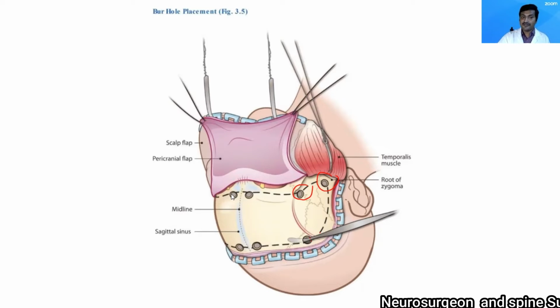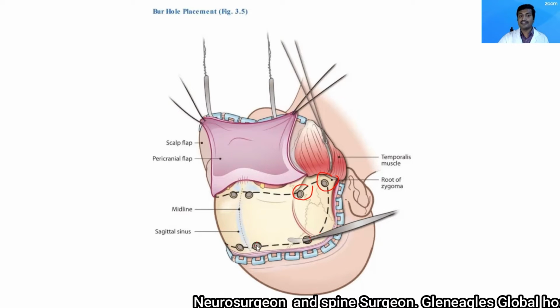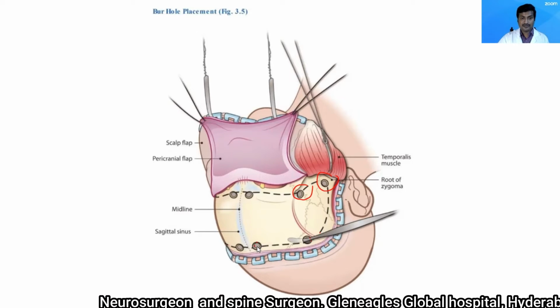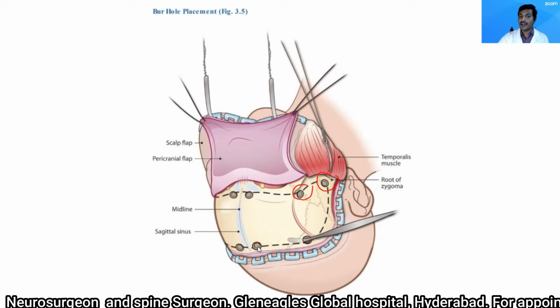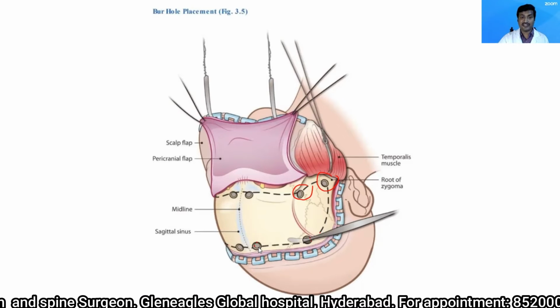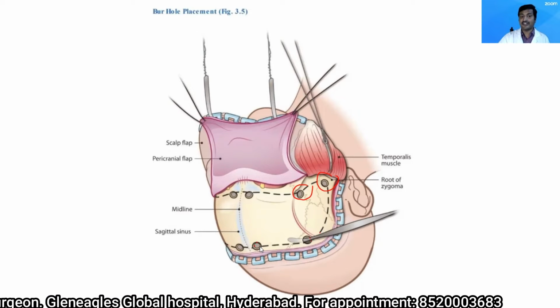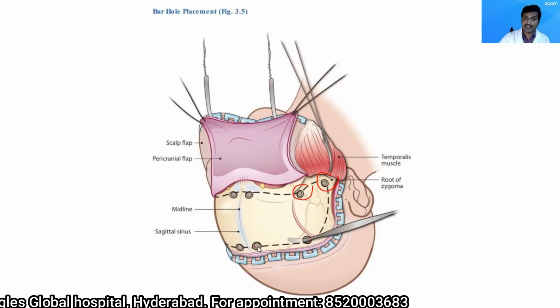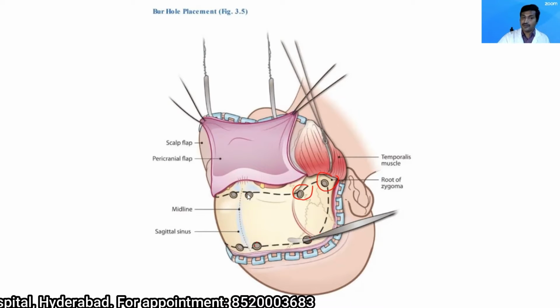When you're placing these posterior burr holes, be very careful not to puncture the dura mater, which will be catastrophic and may injure the superior sagittal sinus. These two burr holes may enter into the frontal sinus.